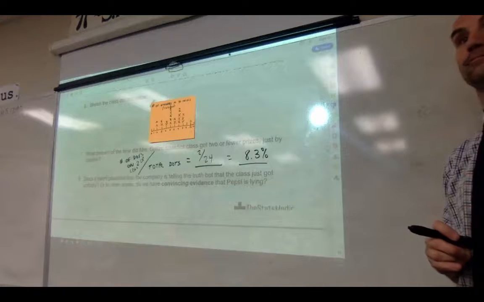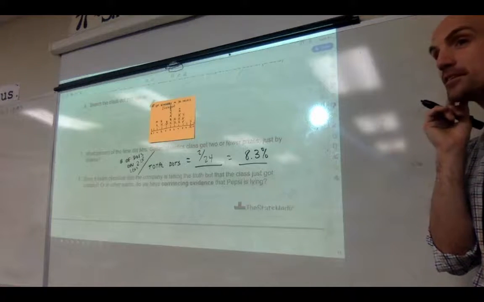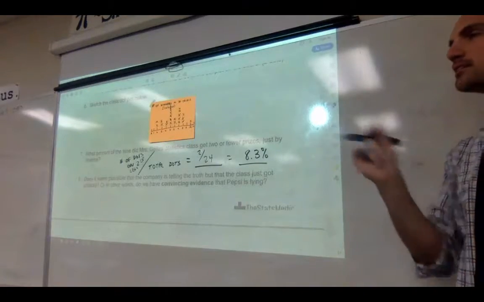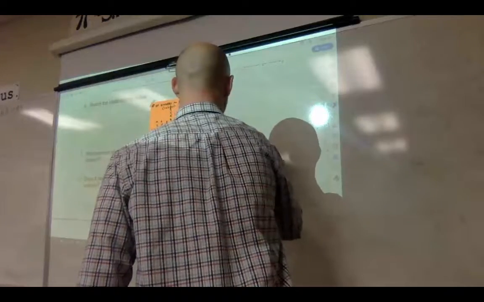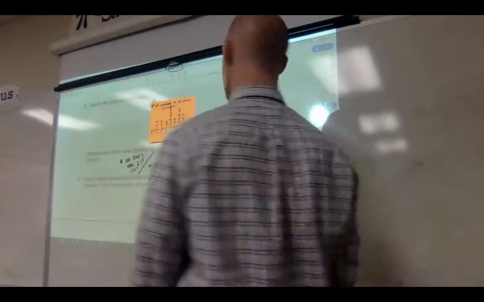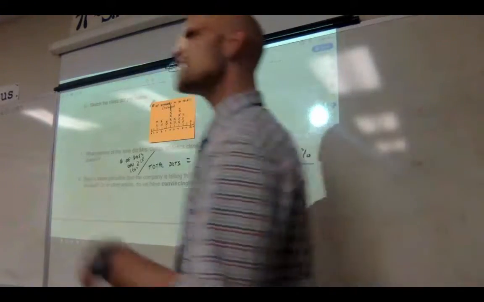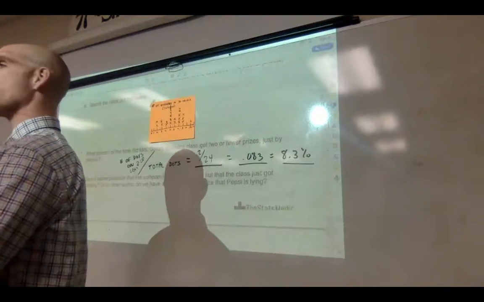Three divided by 8. No, 2 divided by 12. No. Yeah, 1 divided by 12. Divide on your calculator. What'd you get? Okay. So here's the question. Is it weird that we got 2 out of 30 of them?